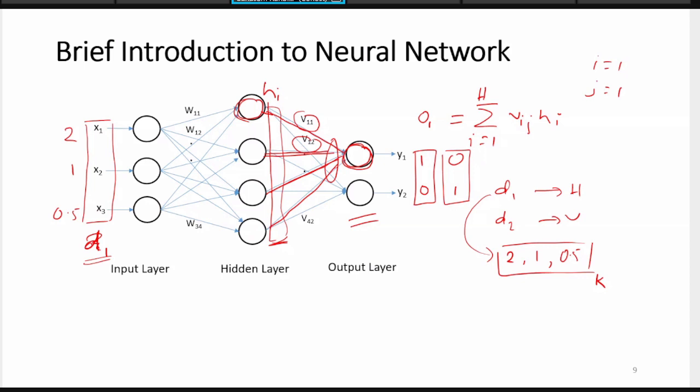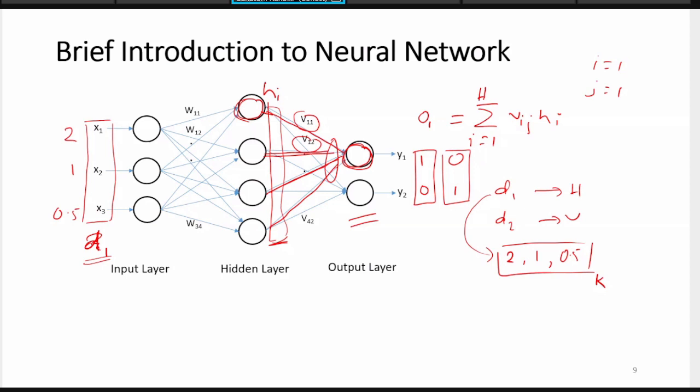But what is the advantage of a hidden layer? Irrespective of the nature of the problem, the advantage of a hidden layer is that you will be able to project your input into multiple representations.